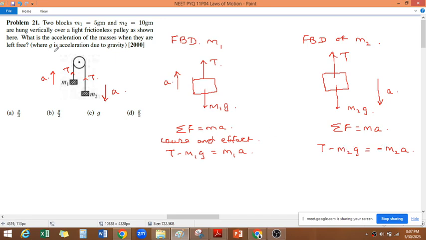They are asking you to find the acceleration A, which means I should eliminate T. If they asked you to find T, then I have to eliminate A. That's simple mathematics. So you should know which one to eliminate and which one to keep.